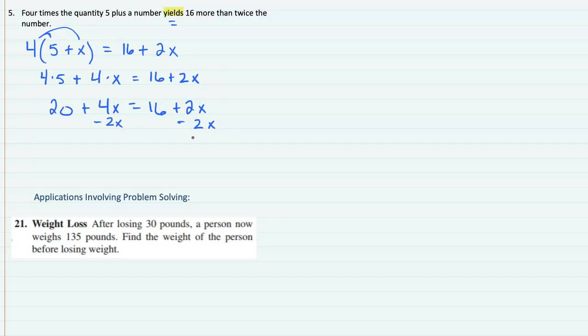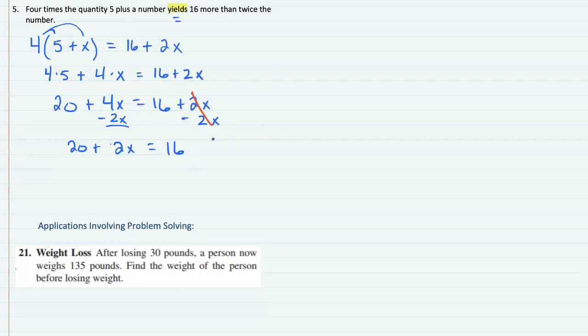So the minus 2x here is going to make the 2x's subtract out to be 0, and I get 20 plus 2x. So we just subtract the 4x minus the 2x equals 16. Give yourself a little bit more space here. But we're not going to worry about things becoming negative as long as the x is positive.